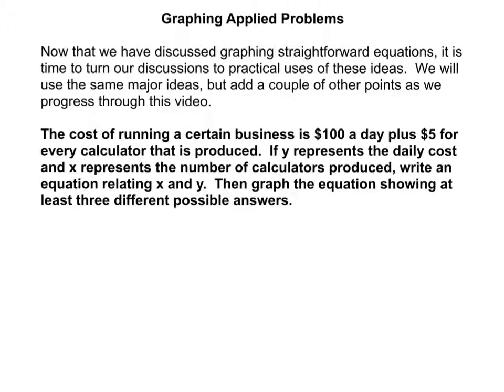So, the first thing we are asked to do is write an equation relating X to Y. And it says here that Y represents the daily cost. So, for my equation, I'm going to have the daily cost is equal to, and X represents the number of calculators produced, and they cost $5 for every calculator.